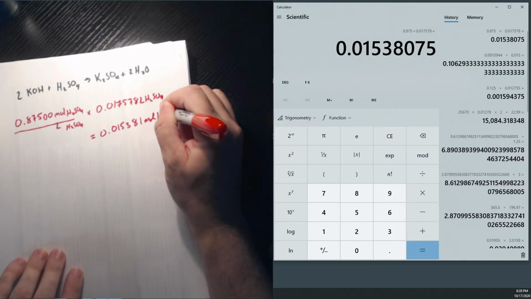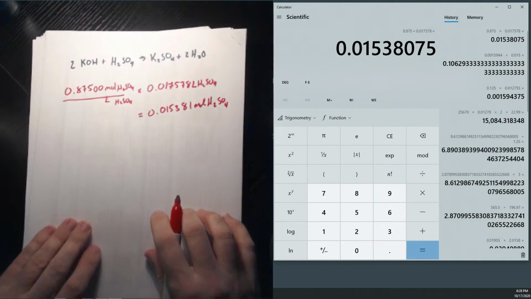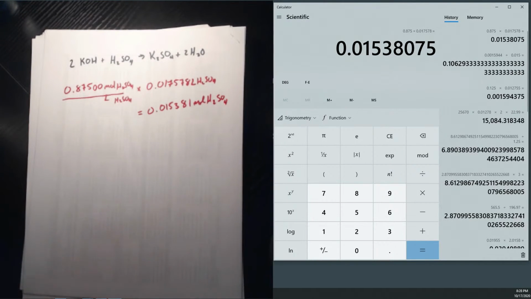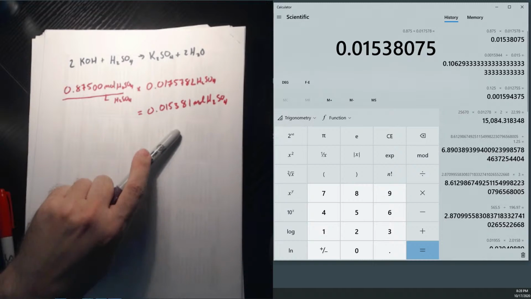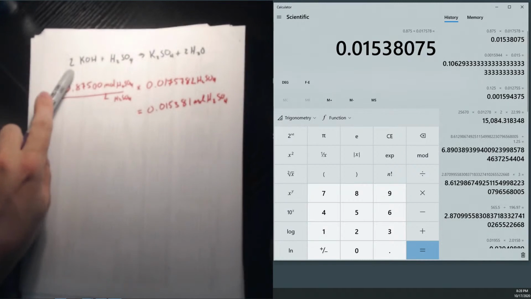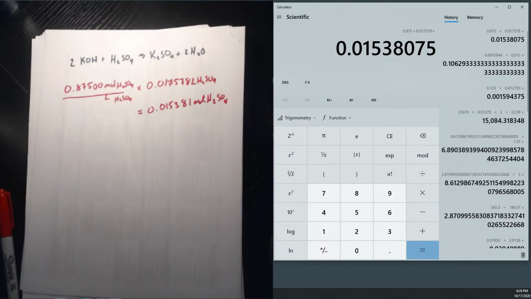Moles of H2SO4. All right. So now, given that, how many moles of potassium hydroxide? For every 1 mole of H2SO4, there must have been 2 moles of potassium hydroxide. It's a 2-to-1 ratio.